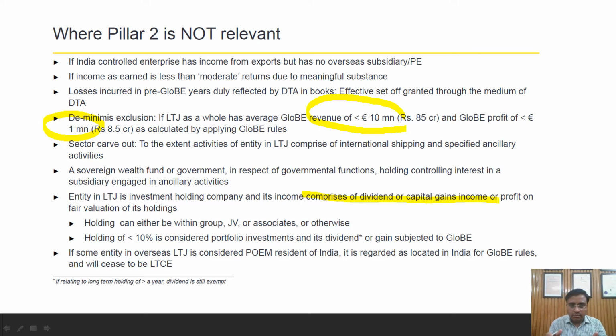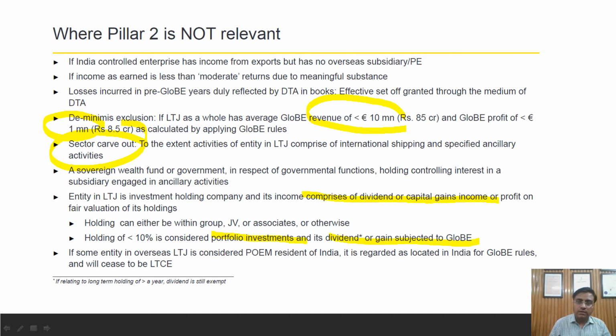If your holding is less than 10%, you are a portfolio investor and dividend and gain are subject to the Globe rule. Suppose by virtue of POEM, place of effective management, being situated in India, you will be regarded as resident in India, so the Globe rule applies, and does not apply in the low tax jurisdiction. So there is a sectoral carve-out also. If you are running some kind of ships, then you are outside the Globe rule.